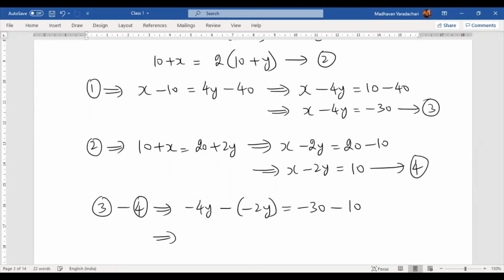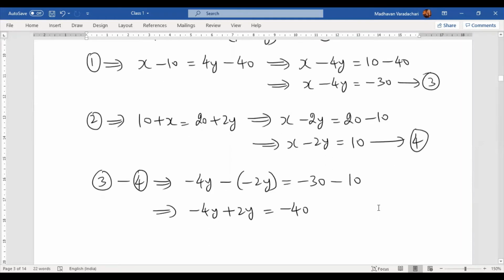What will happen? This will become minus 4y, minus of minus becomes plus, is equal to minus 40. So this will become negative 2y is equal to negative 40. I can divide by negative 2 on both sides to get y as 20.